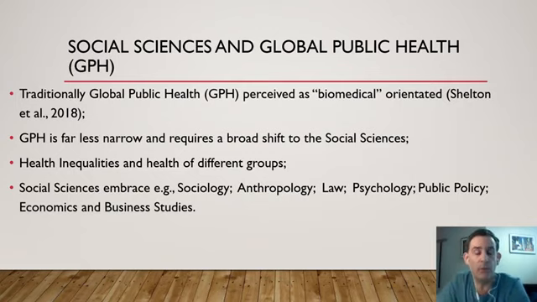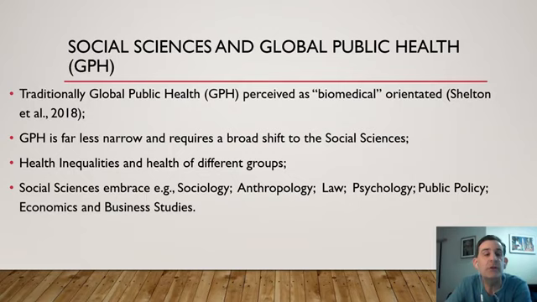For example, if we're going to look at health inequalities in societies, health inequalities between different countries, how different groups experience health and well-being according to their location in the social structure and experiences, for example, of poverty and inequality, we really need to approach this through social sciences.